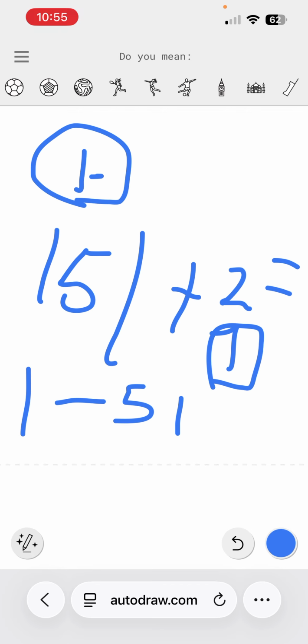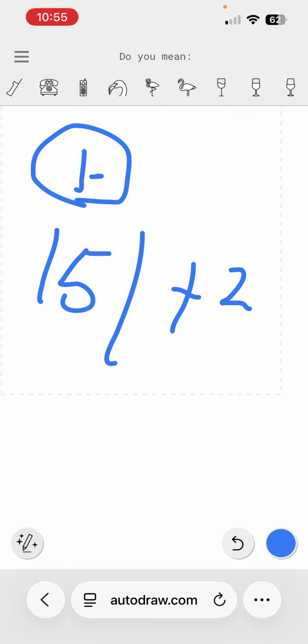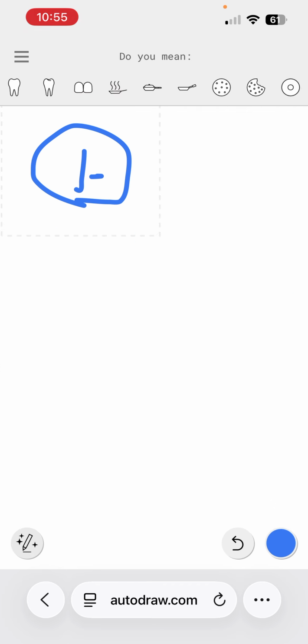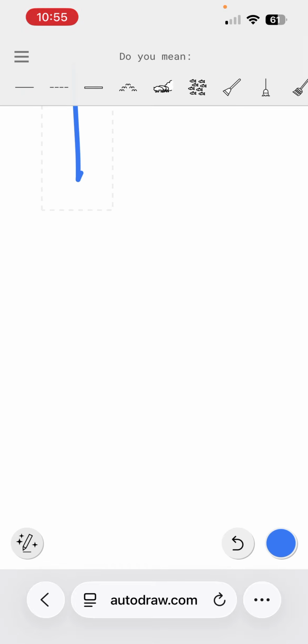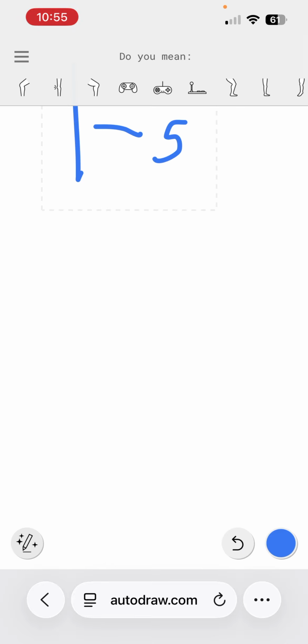So erase all of this. Let's start. Let's do -5. Oh no, hang on.